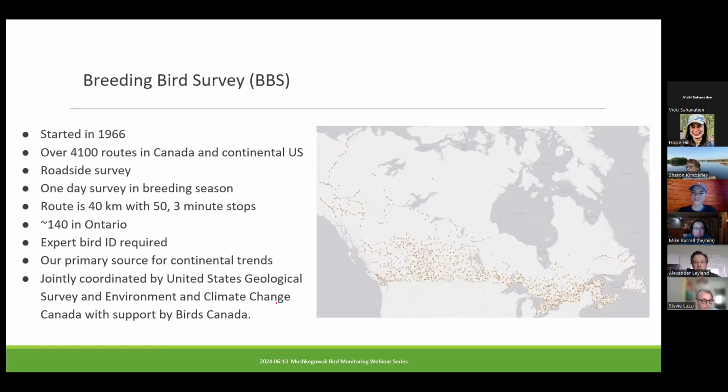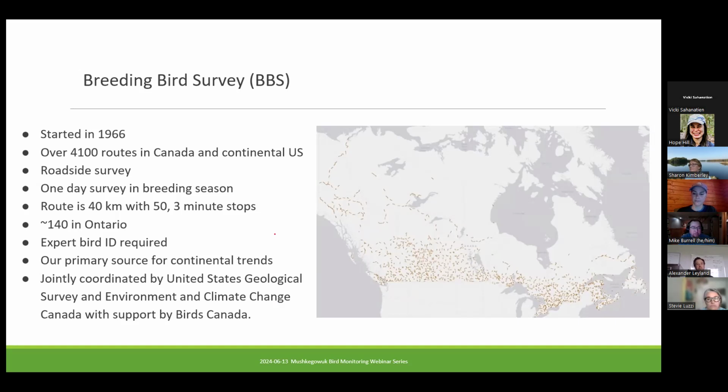It's where there are roads that are easily accessible, and they have to be long enough for one of these routes. The route needs to be 40 kilometers at least. There's 50 stops along the route that are spaced about 800 meters apart. The survey is conducted on 1 day within the breeding season, so basically June here in Ontario.